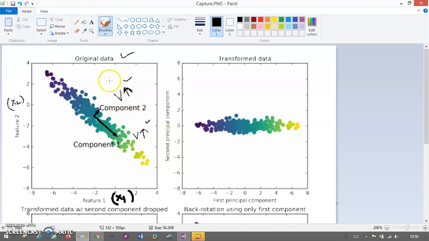And now the original data set is being transformed or rotated with the help of the transform function. It has been rotated 180 degrees, and you can see we still have the first principal component and second principal component, but it is like this. You can just assume that this is my x1 and this is my x2.